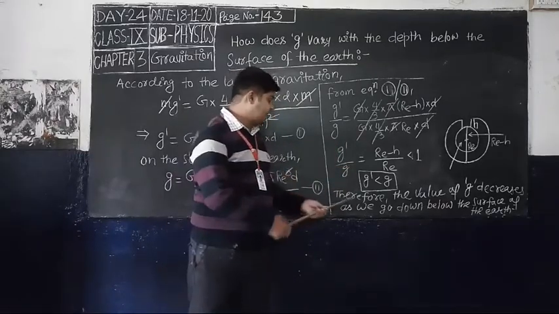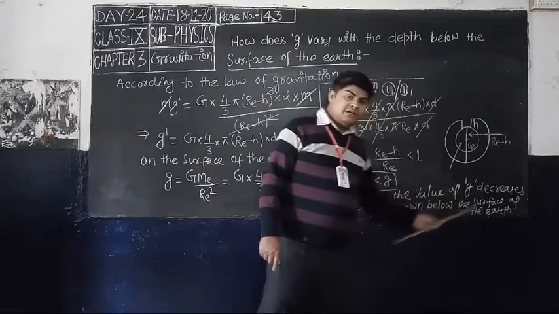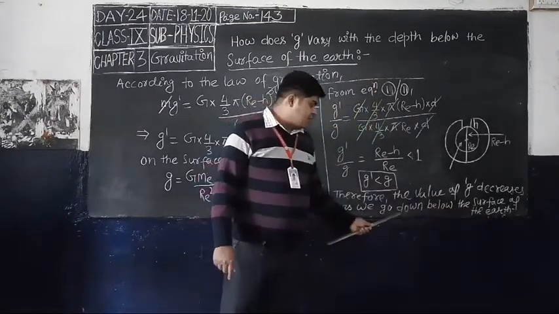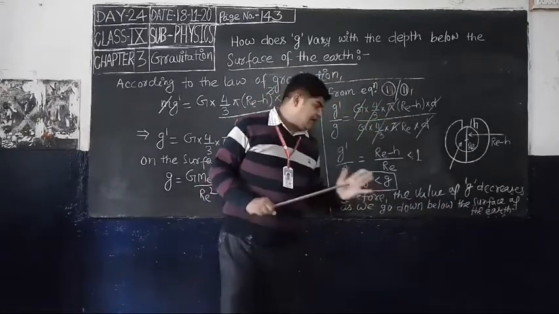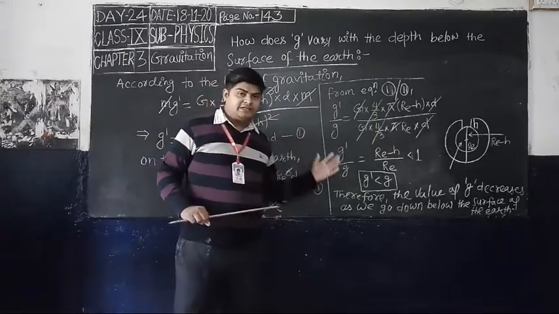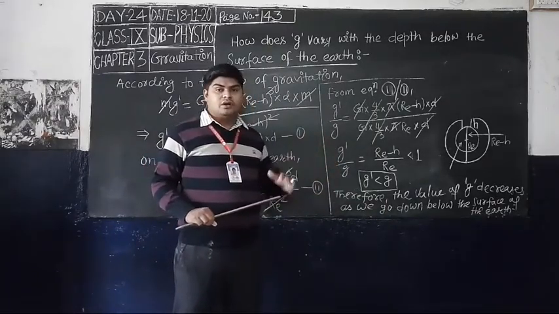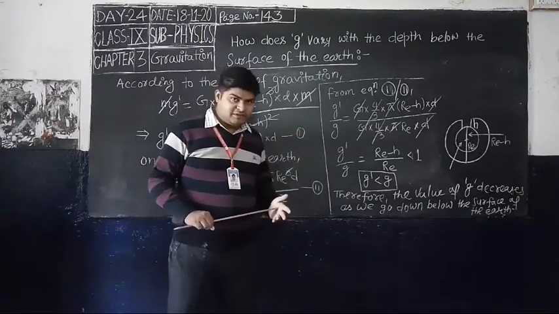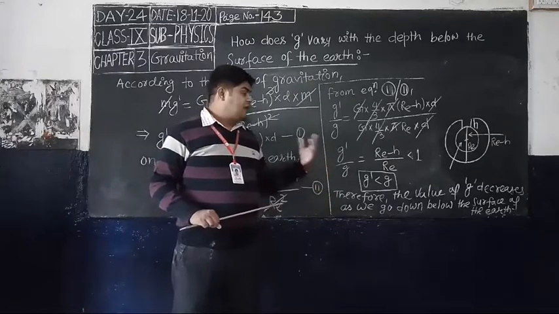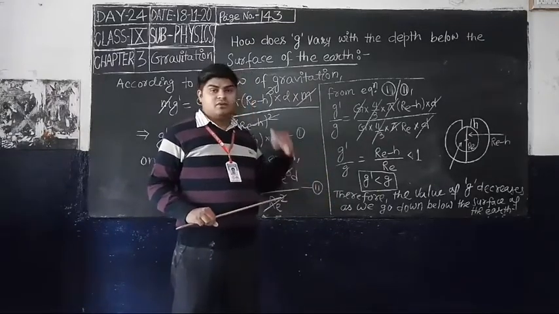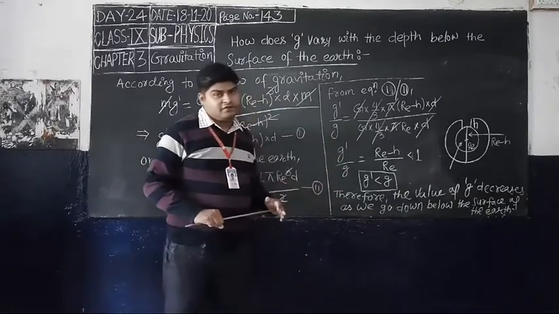Therefore the value of small g decreases as we go down below the surface of the earth. So finally we conclude that the value of g decreases both when we go above the surface of the earth and when we go below the surface of the earth.